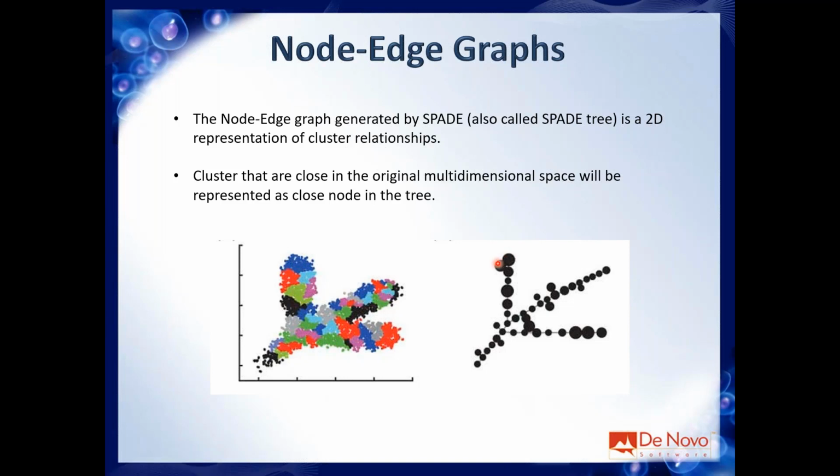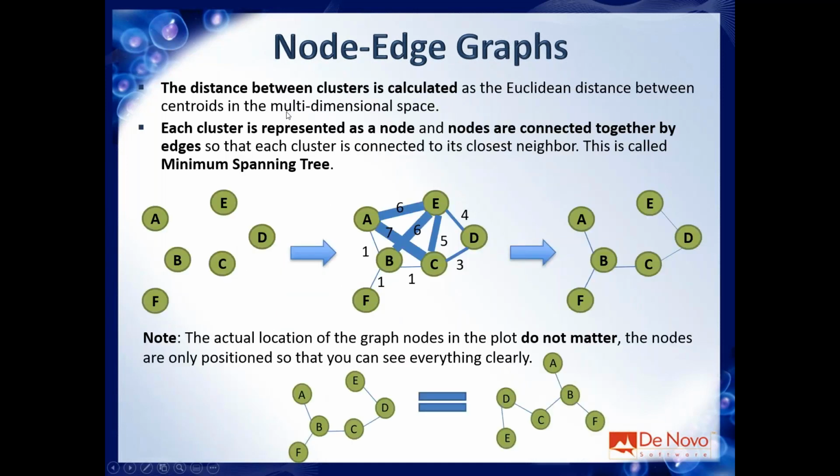Those are the three clusters that you see here. And overall, this is the shape of the original data set. Of course, it's a two-dimensional representation of the original shape.